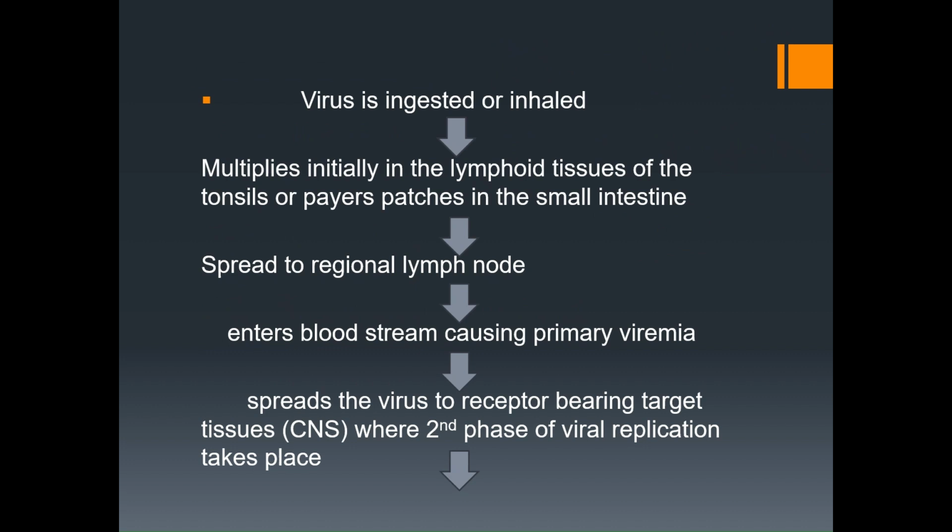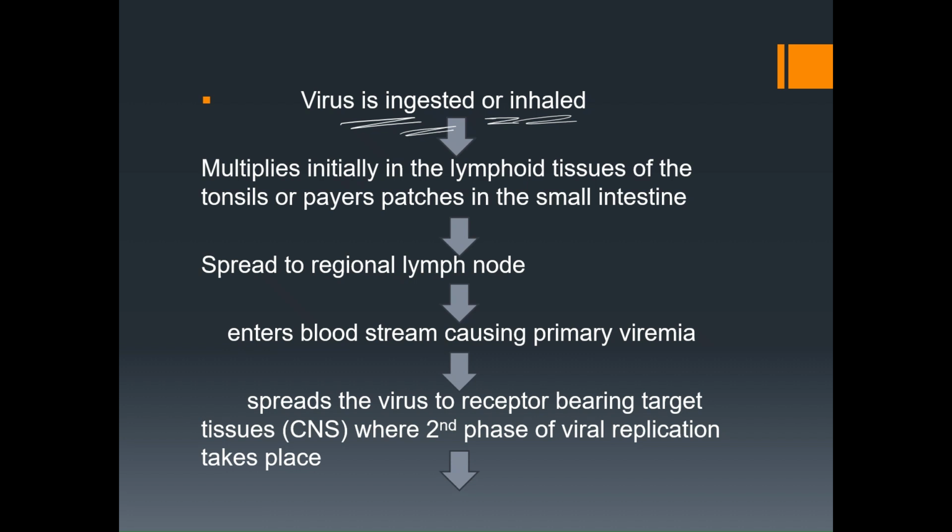Next, what is the pathogenesis of polio? How does the polio infection spread to the central nervous system? I already said that the virus most commonly enters through the fecal-oral route or inhalation. Following ingestion of food or inhalation of respiratory droplets, the virus enters the body.